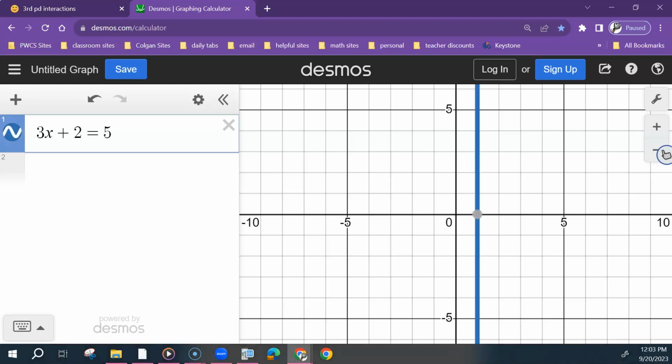Whatever equation you put in here will give you a line. Whatever that line's x value is will be your answer. So the answer to this problem is x equals 1. It's a good way to double check yourself. Right? So use each other, use your notes, use your calculator, use Desmos, work through all of 3.